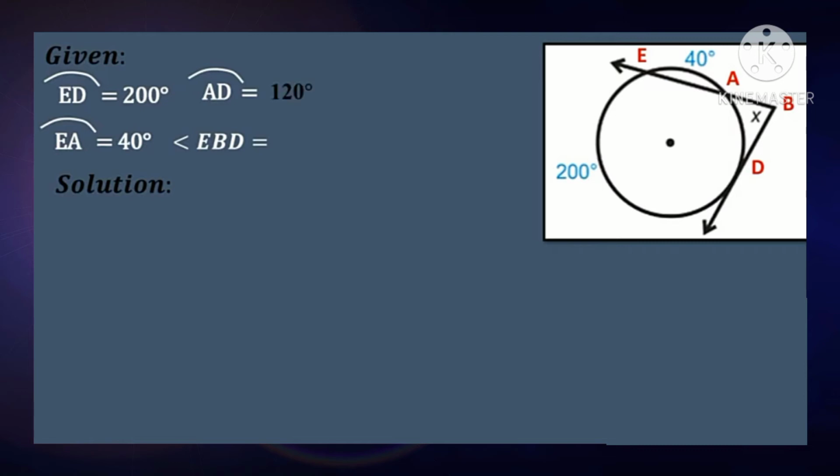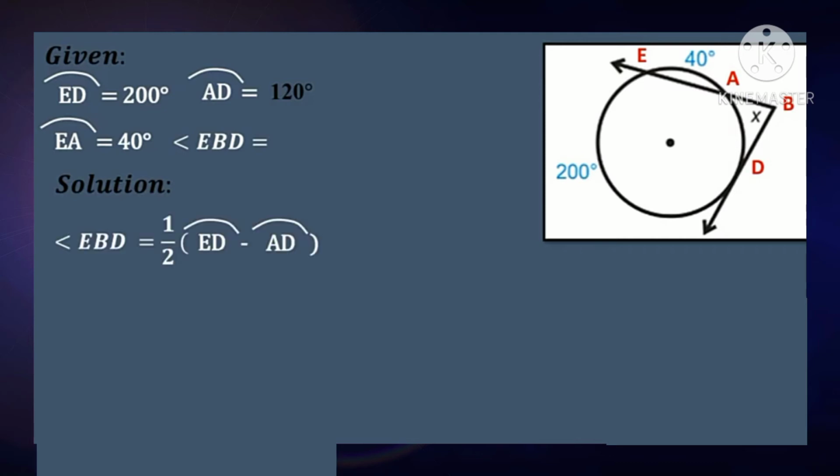We now need to find the measure of angle EBD. The solution will be angle EBD is equal to 1/2 of arc ED minus arc AD. We just need to substitute the values.